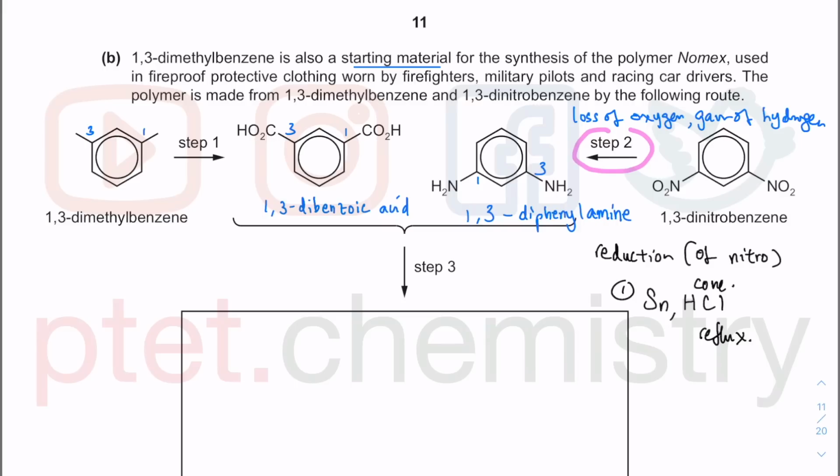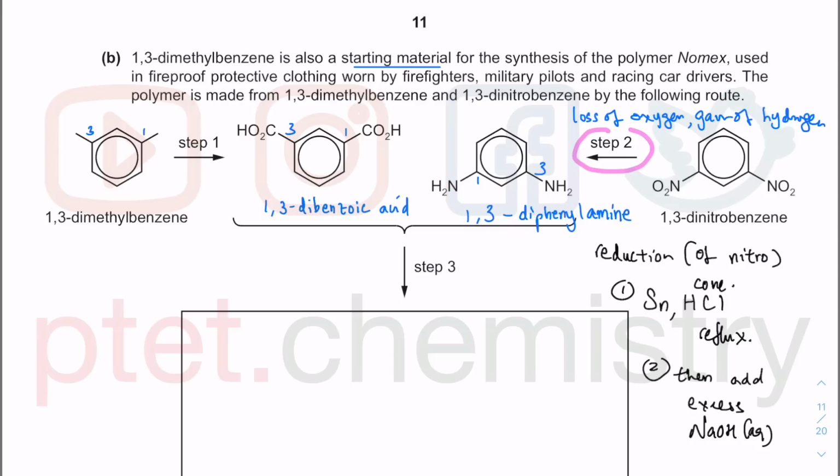So you have to add excess NaOH afterwards because you have to neutralize the H plus and return you back to the diphenylamine because they will not react further with NaOH. It will just take away the H plus that the phenylamine already protonated.